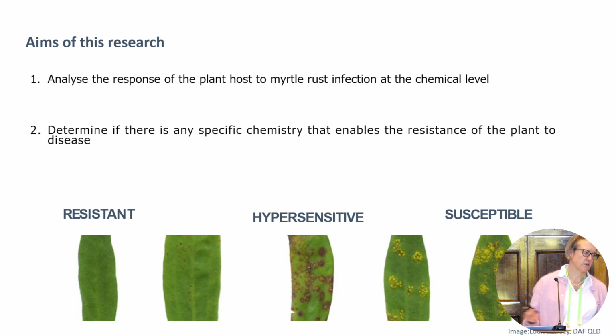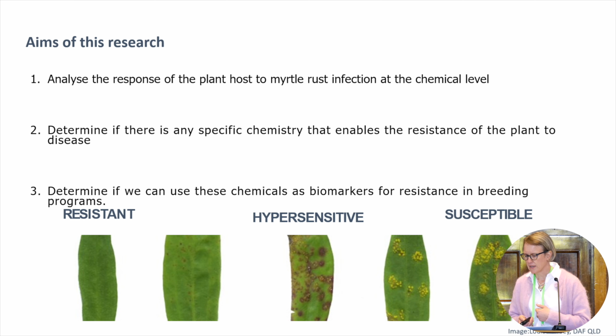Is there a set of molecules that the plant is producing that might inhibit rust infection or germination, and what are these molecules? And lastly, could we focus down on these important molecules and use them as biomarkers for resistance? Could we select these molecules, look for them in plants, and then predict resistance of those plants?